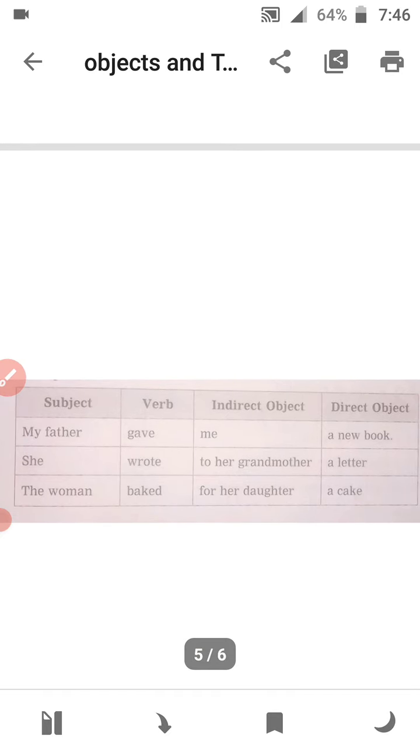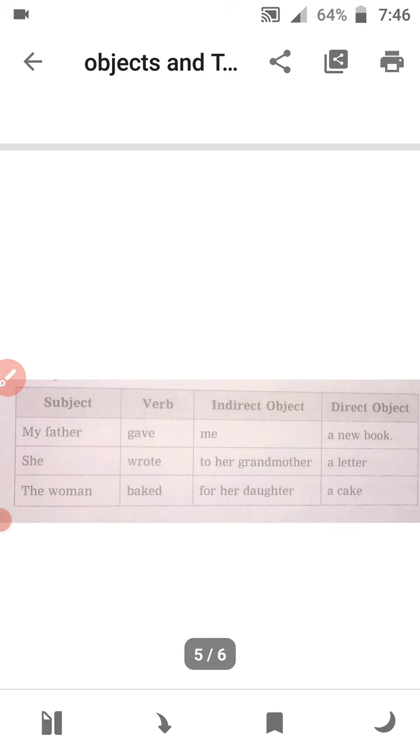More examples, my father gave me a pencil and a new book. My father is the subject, gave is the verb, me is the indirect object, a new book and a pencil are the direct objects. Next example, she wrote to her grandmother a letter.